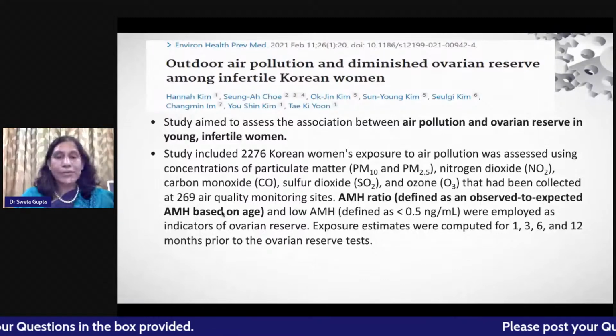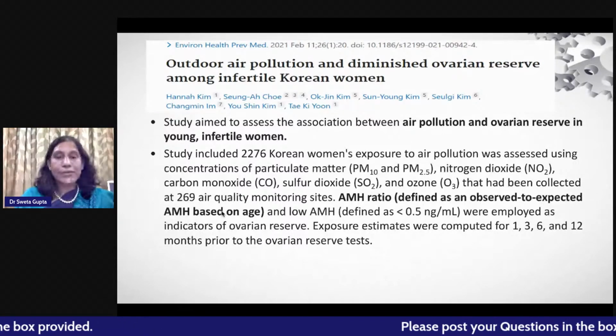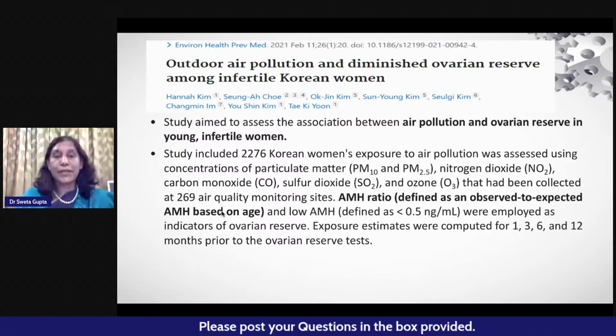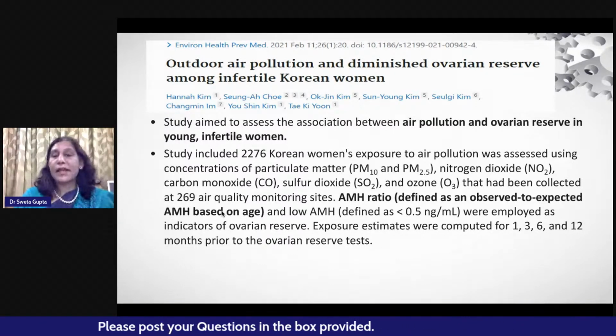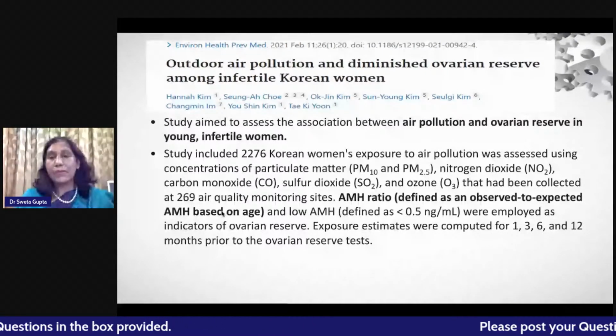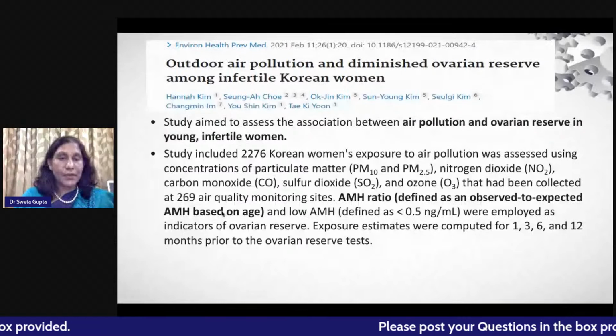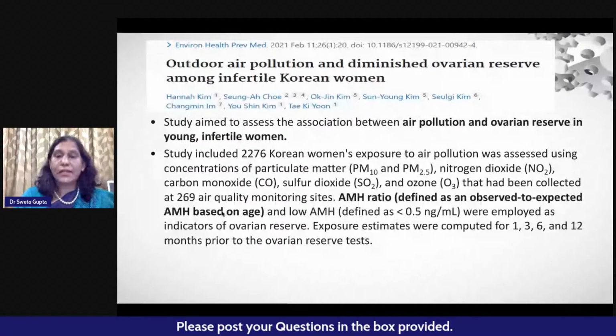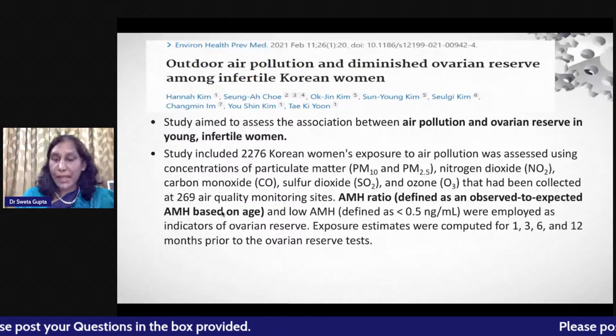This is another study from Korea, Hannah et al., which was published recently in February 2021, and they assessed the association between air pollution and ovarian reserve in young and fertile women. They also looked into the AMH ratio, which is defined as the observed to expected AMH based on age.